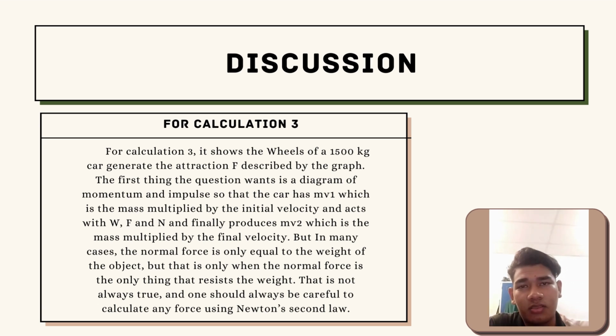The principle of impulse and momentum can be applied along the direction of motion, so we can use a formula similar to the previous question. After entering all the values, we will get v2 equals 20 m/s, and that's the final speed of the car.